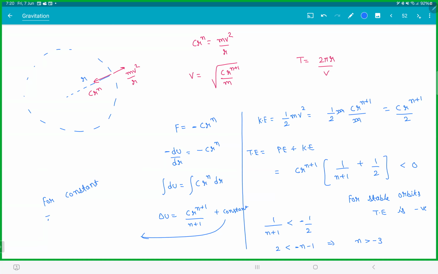For constant to be 0, we need potential u of infinity should be equal to 0. That is, when you put R tending to infinity, we should get 0. Meaning R power n plus 1 should be what? Therefore, n plus 1 should be a negative number.